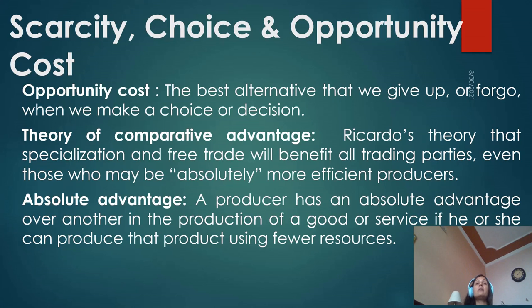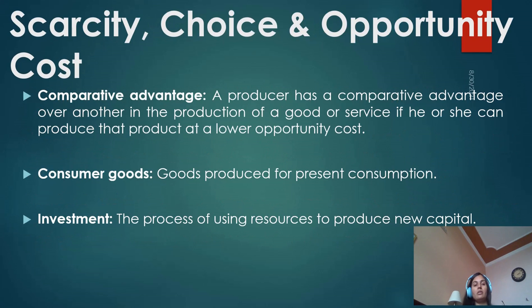A producer has an absolute advantage over another in the production of goods or services if he or she can produce that product using fewer resources. Okay, if you are making a product, suppose you are using 10 resources, 10 inputs, to make that product, and your competitor is using 15 inputs to make the same product. The quality is the same, everything is the same, and you are just using fewer inputs. Then you have an absolute advantage over your competitor, right?